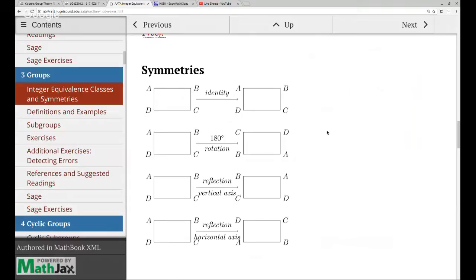Maybe we might need proof-type arguments here, or maybe we just want to confirm that in this case the group axioms correspond to things we already know. First thing is closure. If you compose two of these symmetries with one another, is the overall composition still a symmetry? Yeah, that comes just from the concept of a symmetry to begin with.